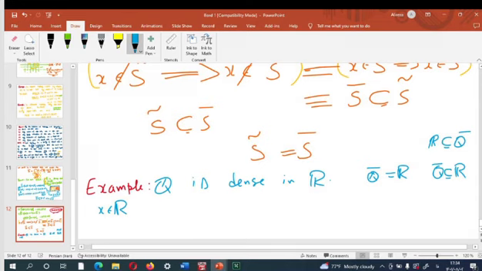It is trivial, because if X belongs to R, then for each neighborhood there exists an interval such as (A, B) such that X belongs to this interval and this interval is a subset of the neighborhood.